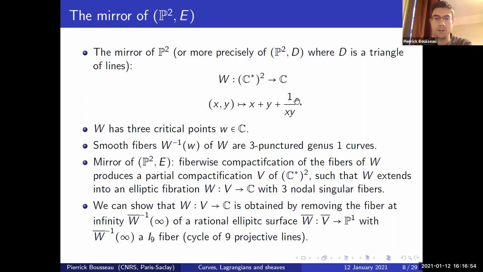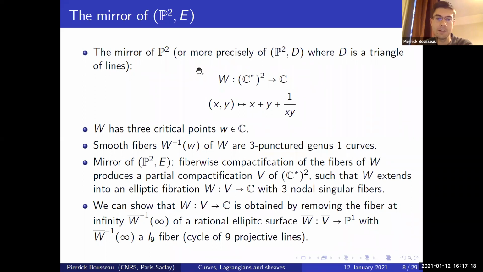So essentially, if you compute fibers of this map, you find some cubic equation, you find some genus 1 curve, but because we are taking this equation in C star squared, you find a genus 1 curve minus 3 points. So this thing is what I guess most people, in first approximation, describe as being the mirror geometry of the projective plane.